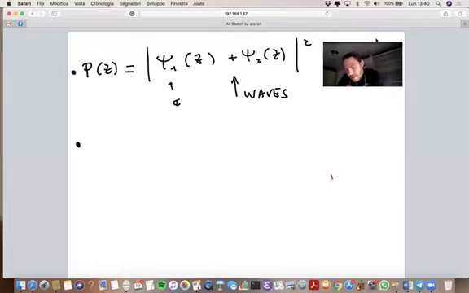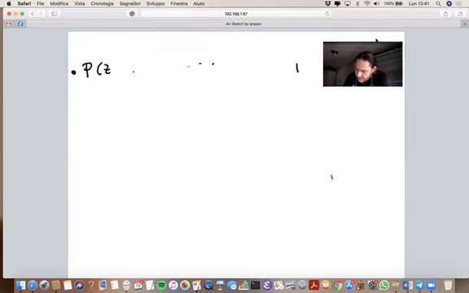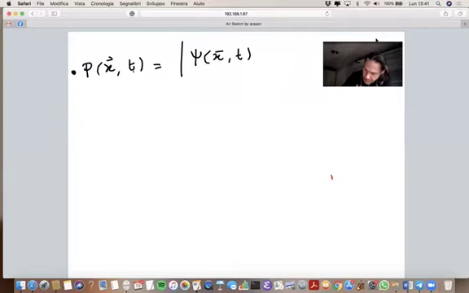The idea here is to throw down a principle that tells us how to compute the probability of finding a particle in a given place. And let me be more specific. Let's say the probability of finding a particle in a given place and time, I'm being more generic here, and relate that to an object called the amplitude.